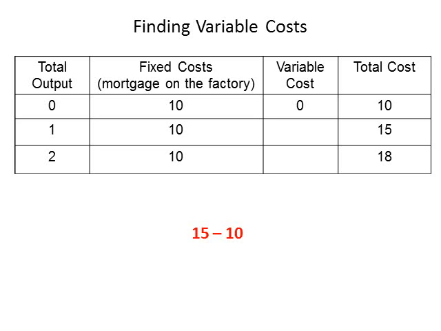Next, subtract 10 from 15, giving $5. Now put $5 into the variable cost column and let's look at one more calculation of the variable costs.